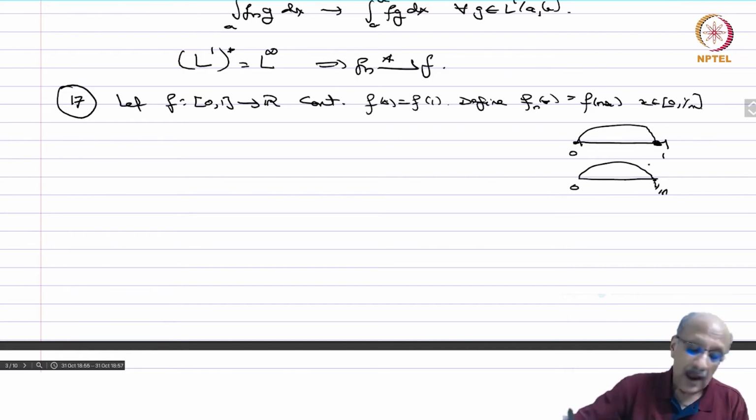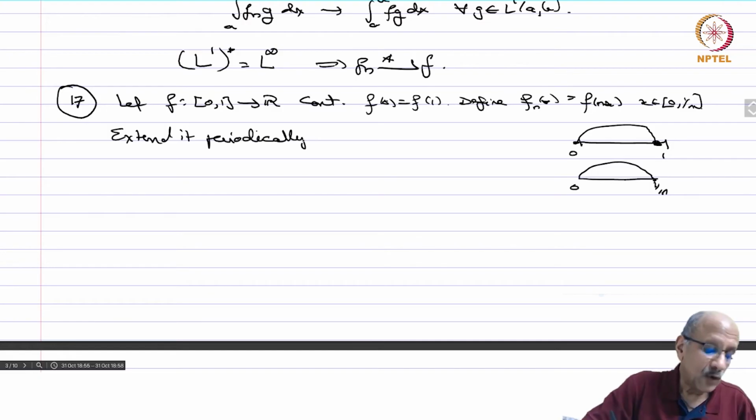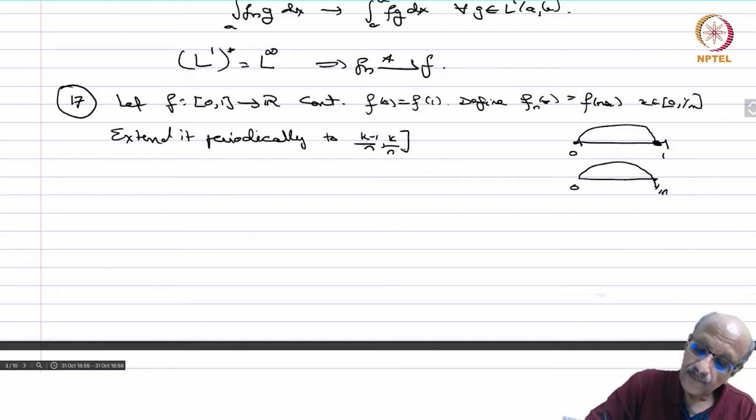So this, and then you extend it periodically to [(k-1)/n, k/n], 2 less than or equal to k less than or equal to n.